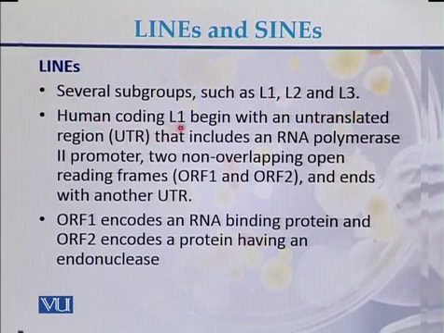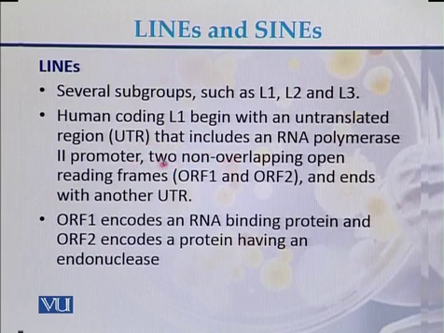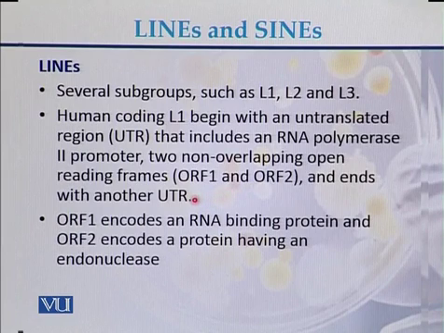Human coding L1 begins with the UTR region, the 5' UTR region, that includes an RNA polymerase II promoter, then two non-overlapping open reading frames called ORF1 and ORF2, and it ends with a UTR region.